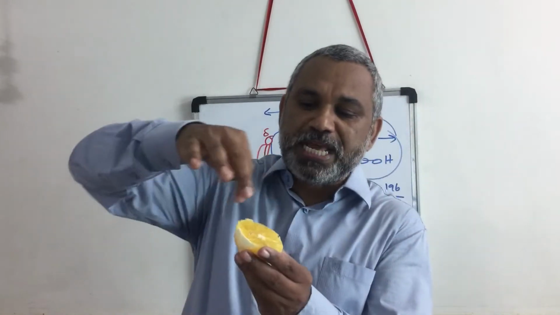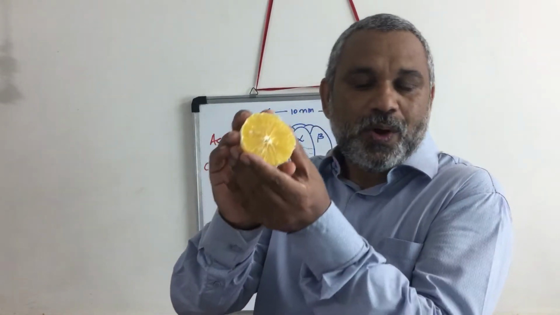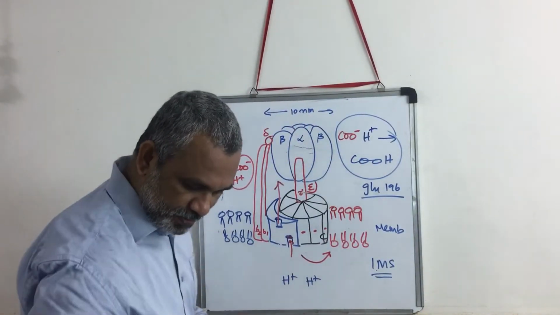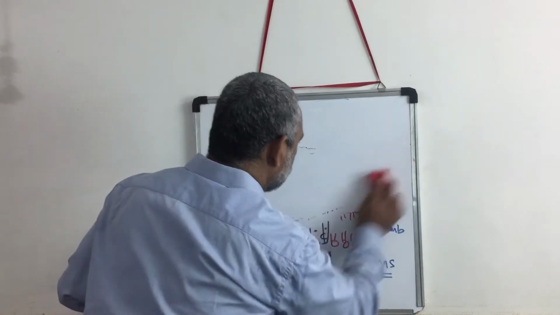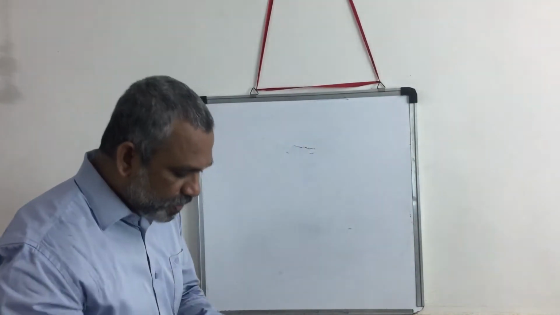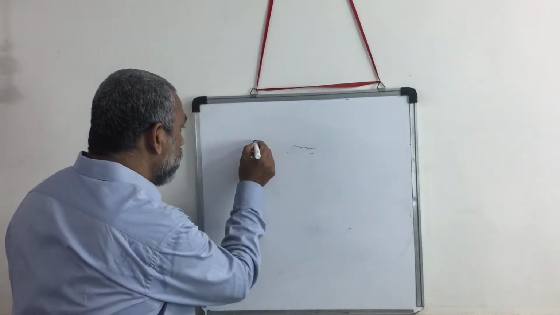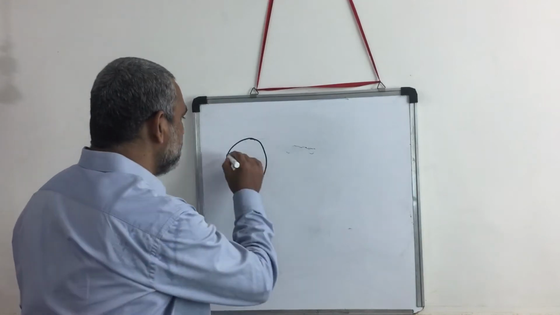Now each of the segments is representing an alpha and a beta subunit. So let us draw this on the board. So therefore, this is our orange. This is the center portion.